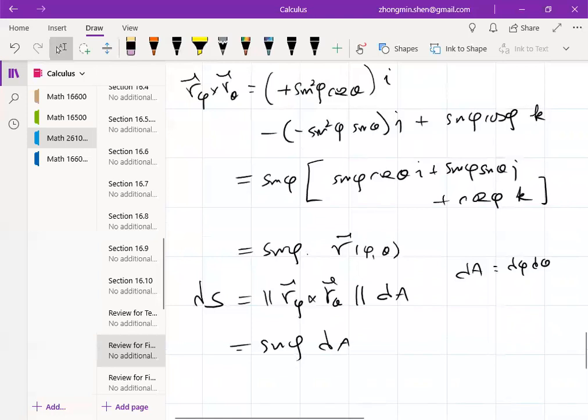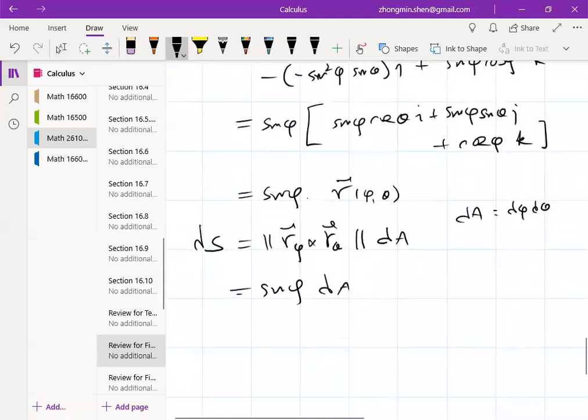Actually, the length of the cross product is sine phi. So now the surface integral of z squared dS becomes the double integral. What happens?